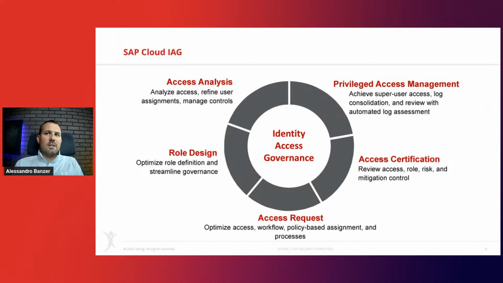And then on the other side, we have the access certification, which is more the review, the compliance portion of it, making sure users are properly authorized. We have to do a user access review on a yearly basis. That's part of the access certification. And then last but not least, we also have the privilege access management, which commonly is referred to as firefighter. That's ultimately extensive authorizations that we can authorize on a temporary basis.